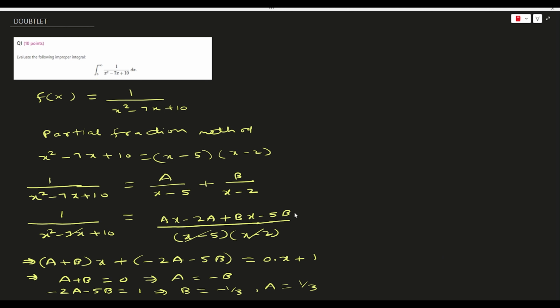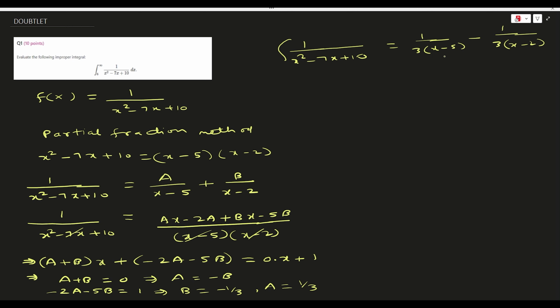So now the partial fraction can be written as 1 divided by x square minus 7x plus 10. This can be written as, the value of a is 1 by 3, so 1 by 3 times (x minus 5), and here the value of b is minus 1 by 3, so minus 1 by 3 times (x minus 2).